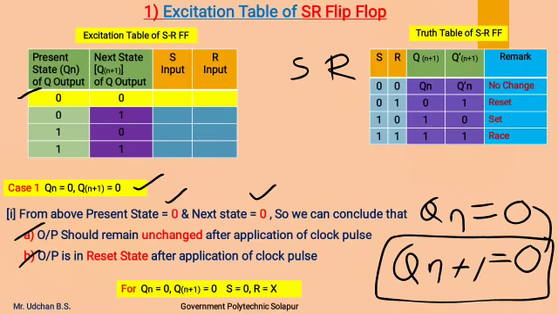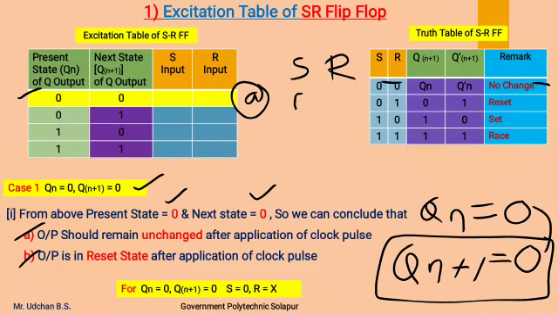For the first conclusion, that is A, the output is in no change state. Here is the truth table in which the remark is no change state, for which S and R both are 0 0.